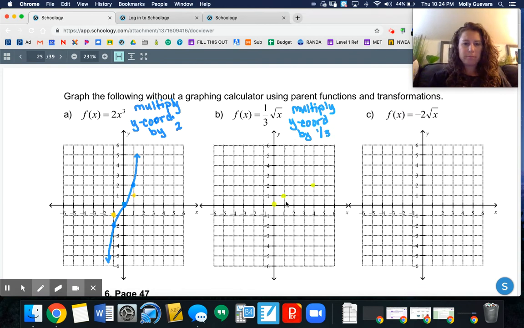Okay, so here my y-coordinate is 0. Well, 0 times 1/3 is just 0, so that stays. Here my y-coordinate is 1. Well, 1 times 1/3 is 1/3, so it's actually down here. And then the next point is 4, 2, so the y-coordinate is 2, and 2 times 1/3 is 2/3, which is there.